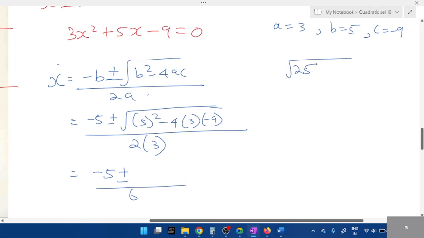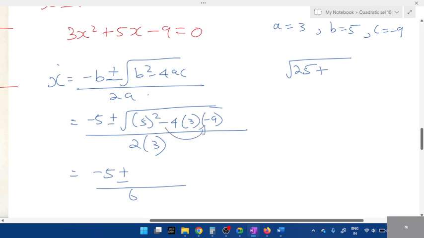5 square is 25, plus multiply this 12 into 9. Not minus.